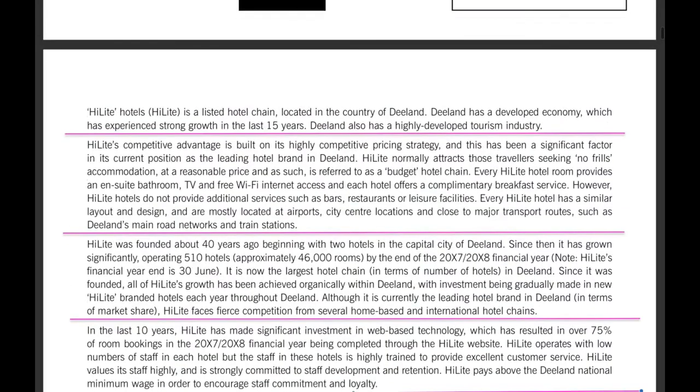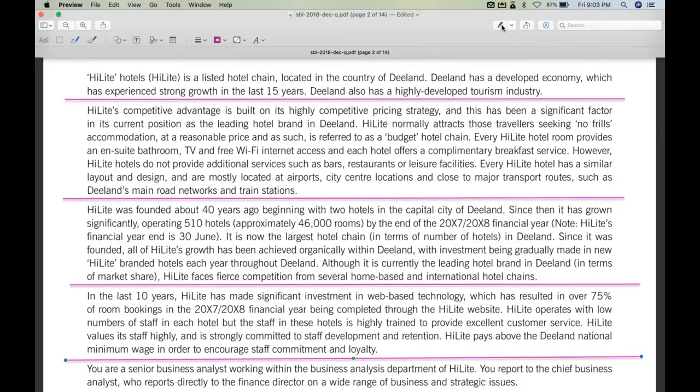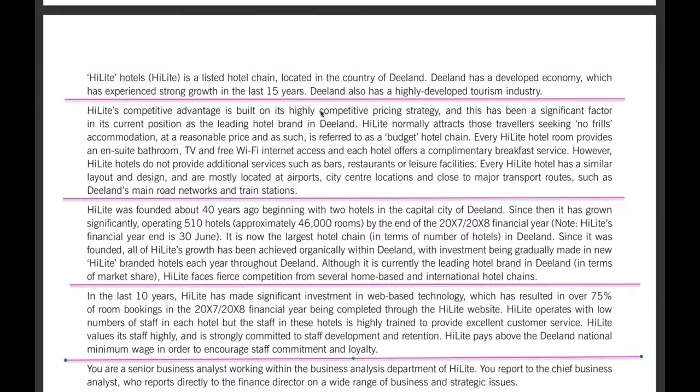So what do you have here? Let's see what we can do. What does the question say about this case study? It highlights Highlight Hotels. This is the name of the hotel. Then the ownership of the hotel: it's a listed hotel chain.